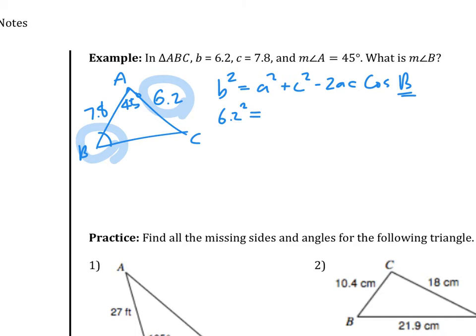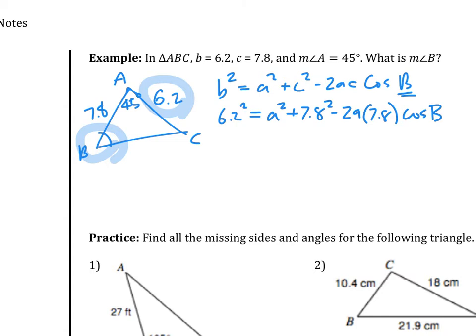We don't know a, so this might be a problem. Let's continue anyways. Let's see what we need to do. Plus 7.8 squared minus 2a times 7.8 cosine B. Well, that's not very helpful. We don't know a and we don't know B. We cannot solve it.